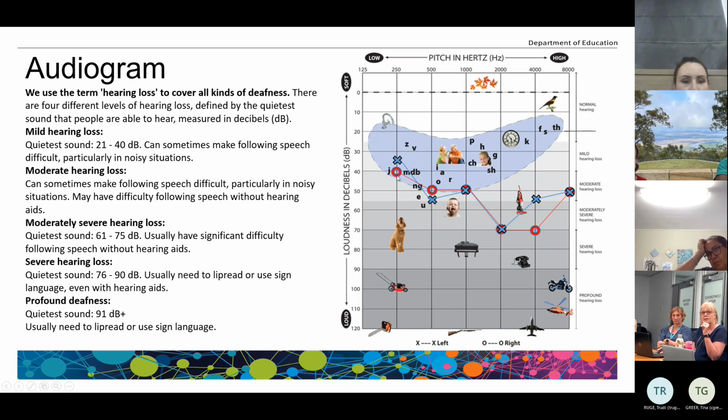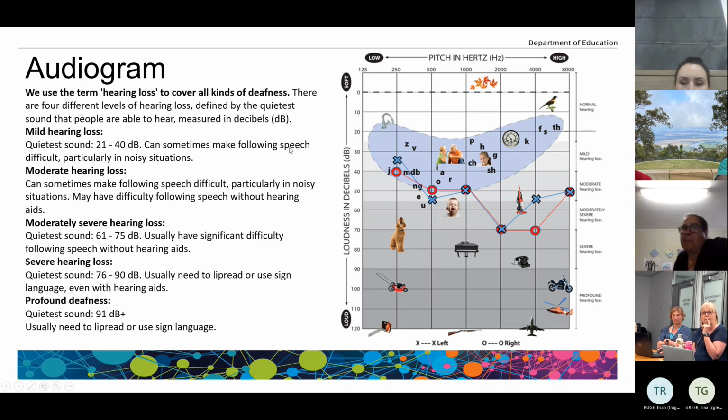The cross is for the left ear and the circle is for the right. If you fit hearing aids to them, perhaps then their hearing thresholds will be up here, and they will hear all of these sounds here, but perhaps not these high frequency sounds up here. An audiogram could look different depending on where their hearing loss is at each frequency.